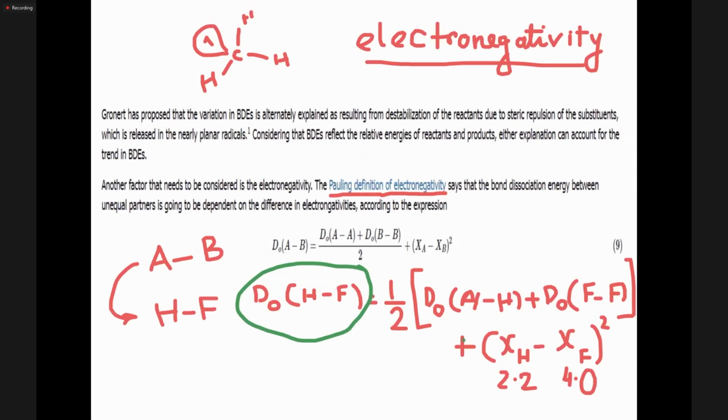Then if we put the values here, we will get the D0 of AB in kilojoules per mole. Thus we can calculate the bond dissociation enthalpy of a specific molecule, preferably diatomic in nature, because this holds for a diatomic molecule.